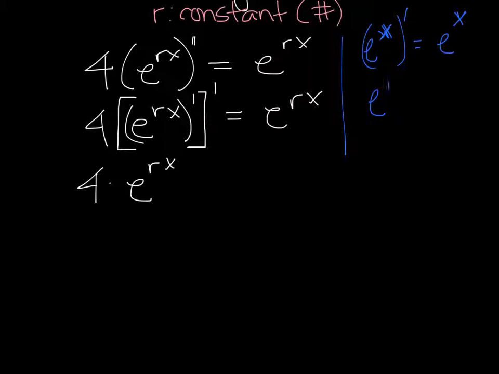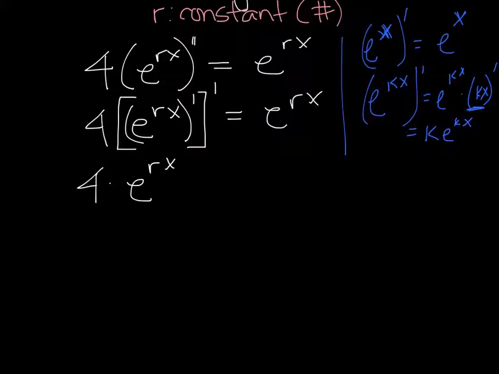The derivative of e to the kx, or in this case rx, is e to the kx times the derivative of kx. Since x is the variable, this is just going to be k e to the kx. And this will be very important when we start talking about growth and decay models.